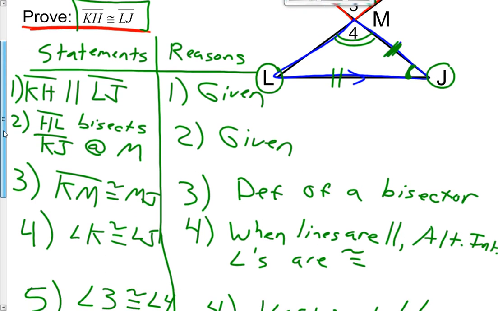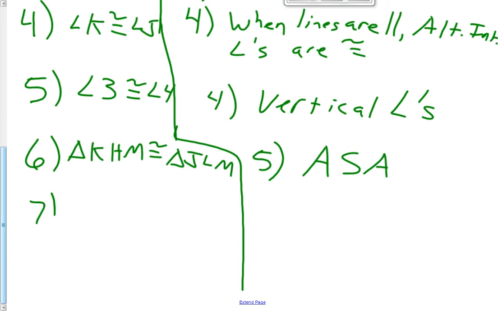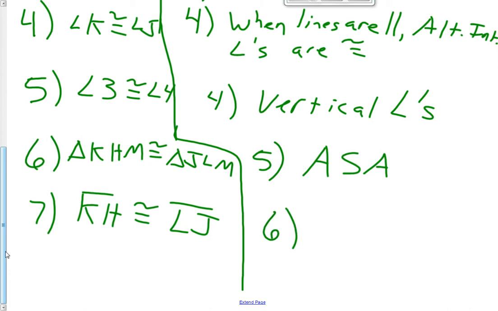KH is congruent to LJ, and why can we prove that? Because of corresponding parts of congruent triangles are congruent, CPCTC. Let me know if you have any questions about that proof when you get to class tomorrow.